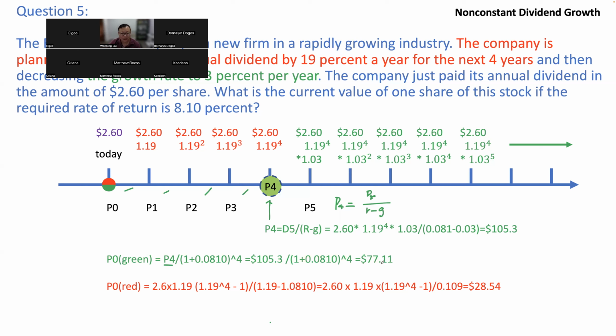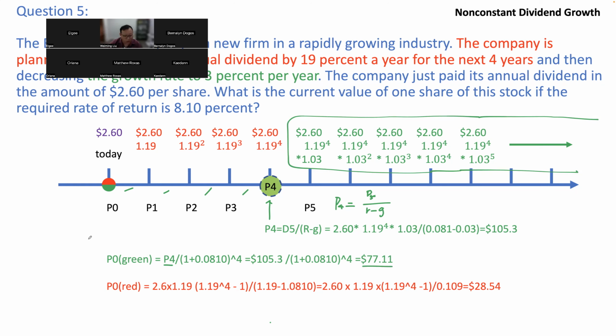So the present value of this stream of dividends is $77.11.